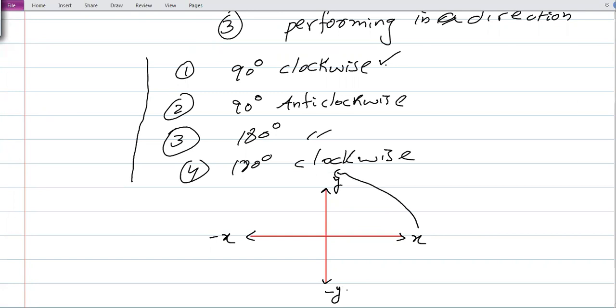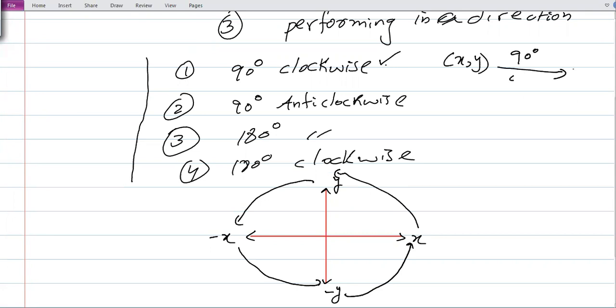This will reach here when you rotate 90 degrees. This will be here and this will be here. So it means if you had a point xy and you rotated it 90-degree clockwise, now in place of x, what will come? Minus y, and in place of y, x will go. So it will be minus y, x. This is the first rule.